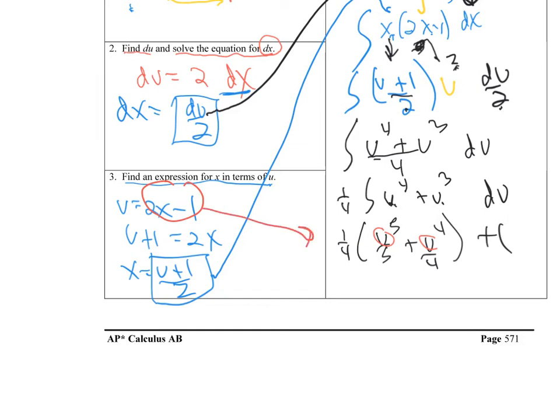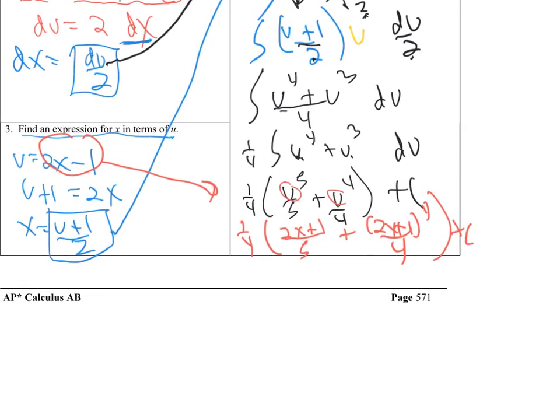Put it back in. 1/4 times ((2x plus 1) to the 5th over 5 plus (2x plus 1) to the 4th over 4) plus c.